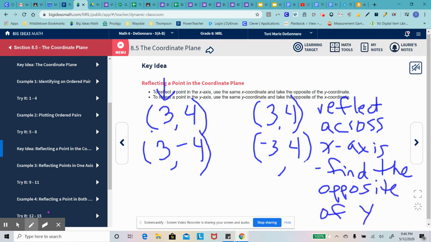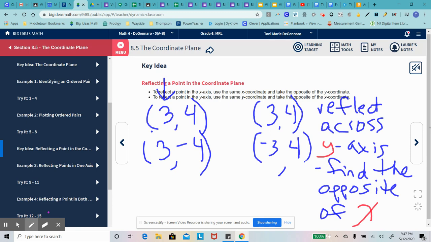And if we're going to reflect across the y-axis, you're going to find the opposite of the x. And that's what we really did. So if you want to pause your video and write those two things, you may. Hopefully that can help you when we're doing this.